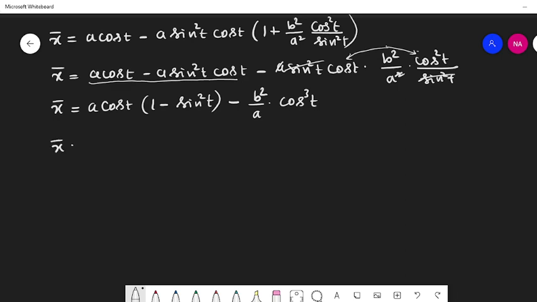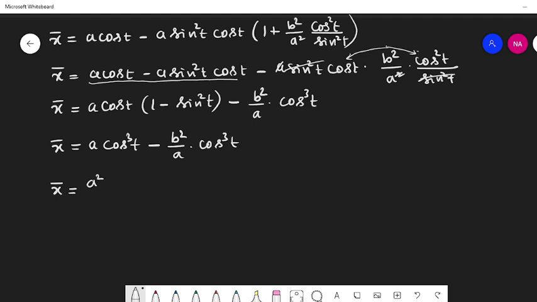Now x bar equal to a into cos t into 1 minus sin square t, which is nothing but cos square t. So cos t into cos square t is cos cube t, minus b square by a cos cube t. So we get x bar by taking cos cube t outside and simplifying the terms inside.